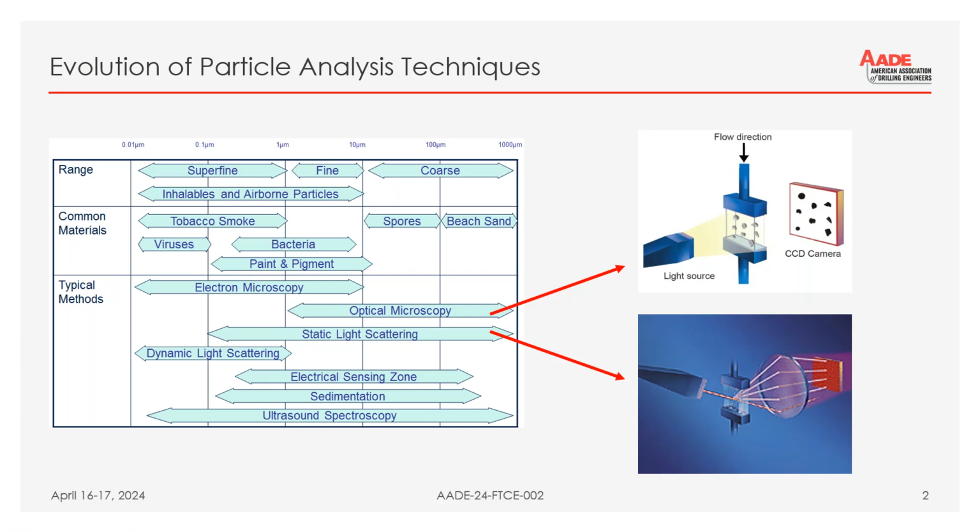Dynamic imaging is, again, a relatively new technique. It's been around with microscopes for several years, but dynamic imaging has been around maybe about 20 years, and mainly came about with the advent of faster computers. It's a direct measurement technique, which measures the actual particle itself.